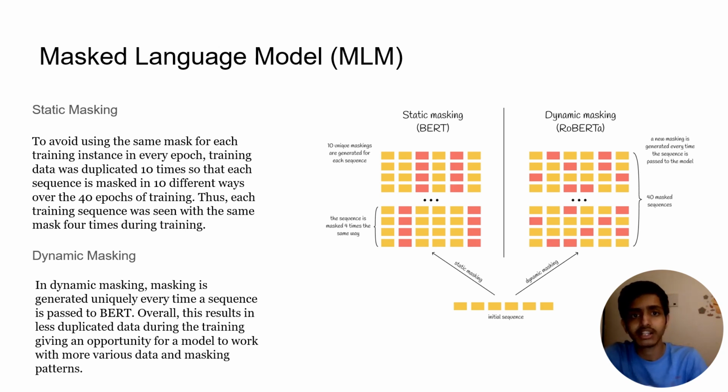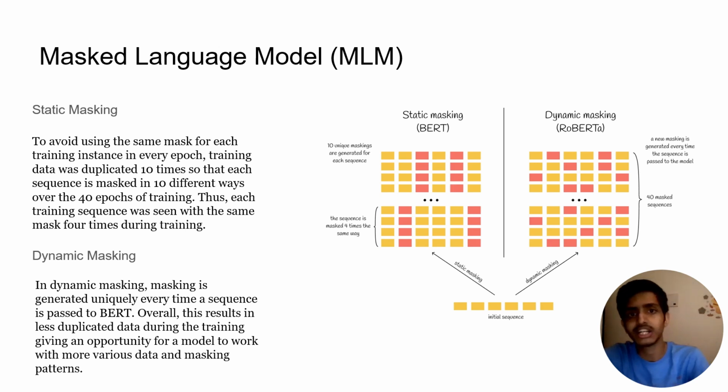In the RoBERTa model, the suggested change was to use dynamic masking instead of static masking, in which the sentences were masked on the go, during the training process: when we saw a sentence, we applied masking at that time.